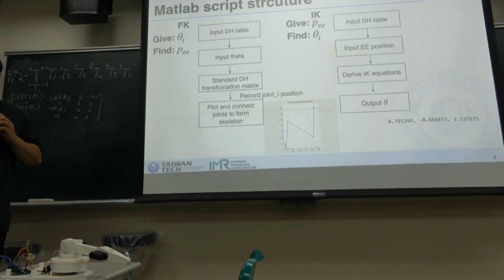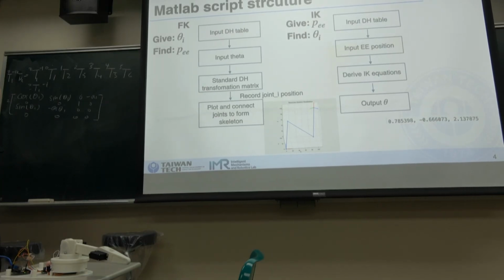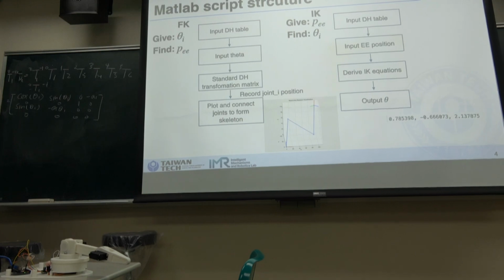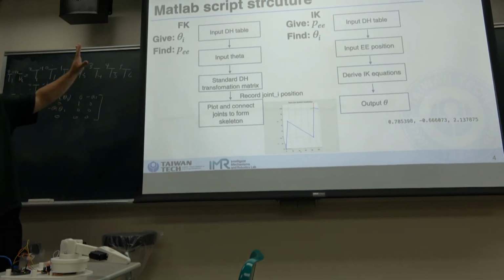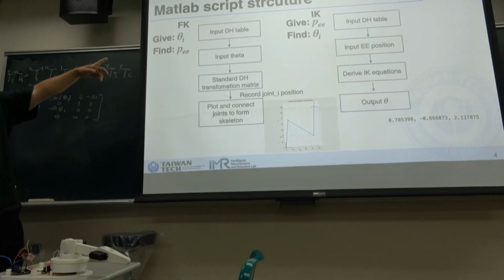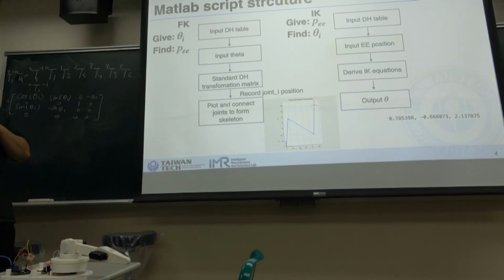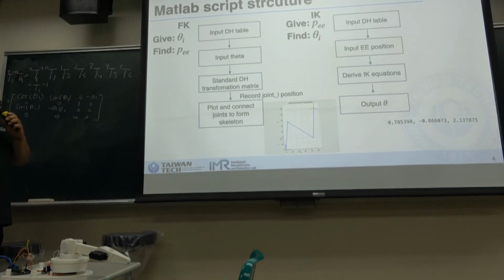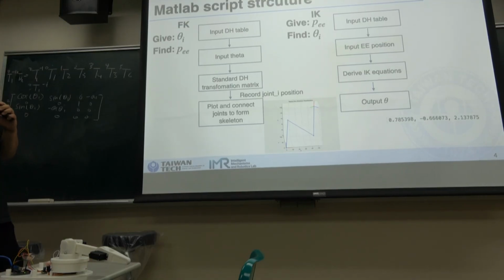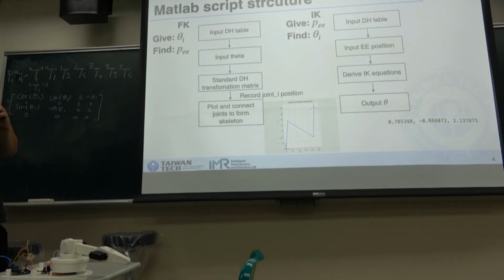Second, we will use a MATLAB script to help us derive and visualize. So it's actually opposite. We want to do the inverse kinematics first. After I give you a position, I want your team to find the solution. First, you want to build the DH table of this robot, and then you input the position I gave you, and then you derive it.